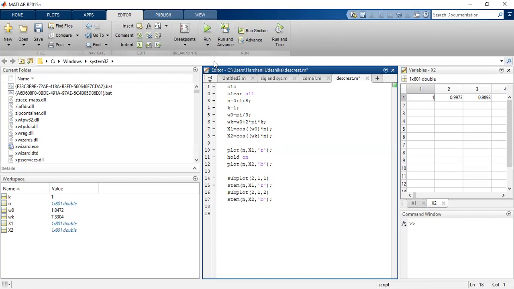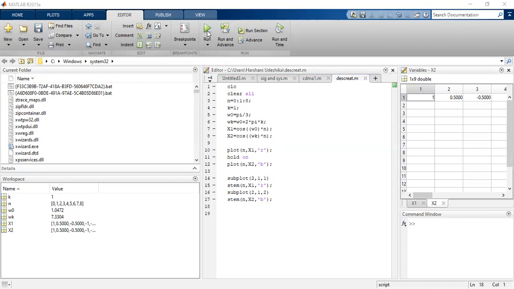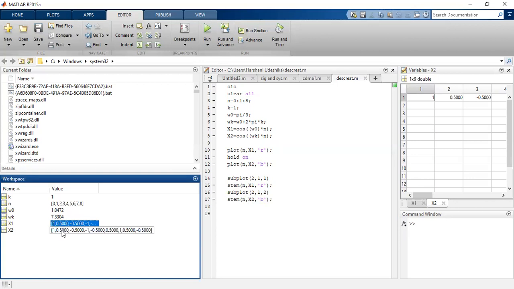So I will plot them in different plots. Now you can see that we have exactly the same signal. If you consider these x1 and x2 values, you get the same values, so for both cases you get the same signal.